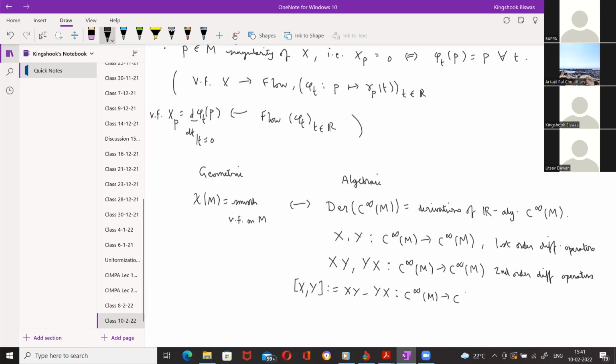Then what happens is, when you take the difference of these two second order differential operators, the second order terms cancel out and you're left with first order terms, and this actually becomes a derivation. So this you can check algebraically. It's just a simple calculation, which I won't do. I'll leave it as an exercise for you. This is a derivation of C infinity of N. Okay, so this is a first order differential operator.